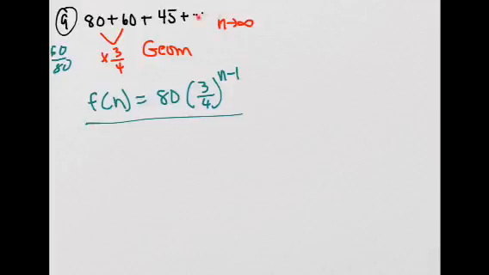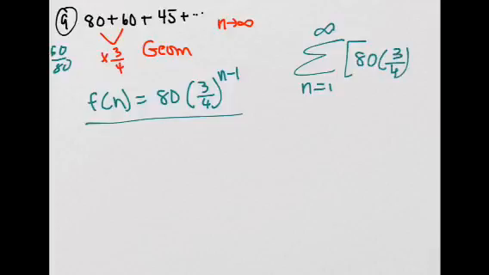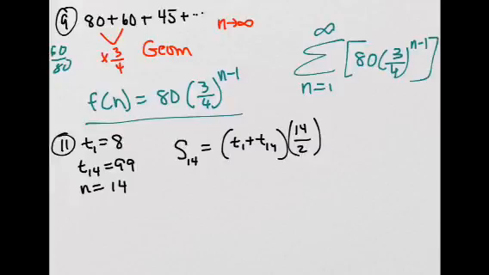So that means the dot dot dot means it goes on forever, so that means that n goes to infinity. So when you write it, you'd write n equals 1, and up here you would put infinity. And the explicit 80 times 3/4 to the n minus 1, and close it. And that's it.